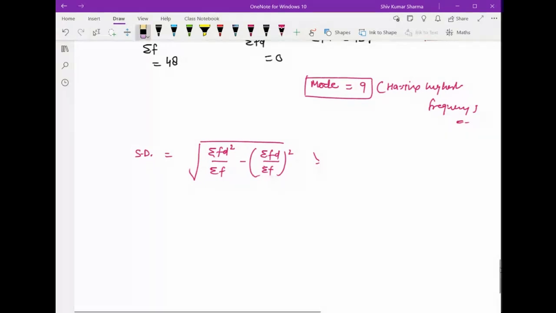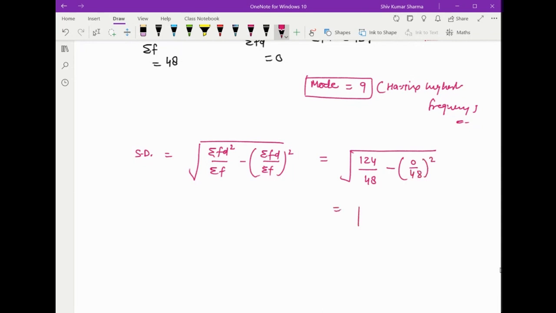This equals the square root of 124 upon 48 minus 0 upon 48, the whole square. The value is 1.606, which up to 3 decimal places is 1.606.